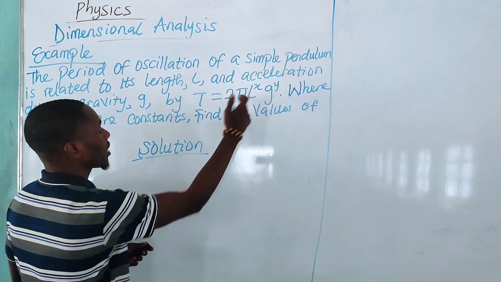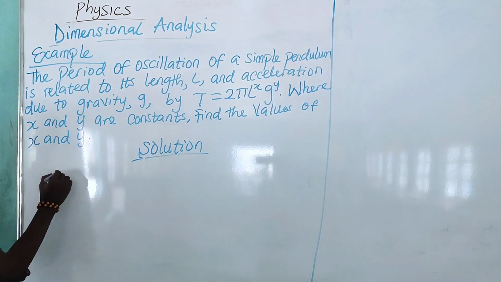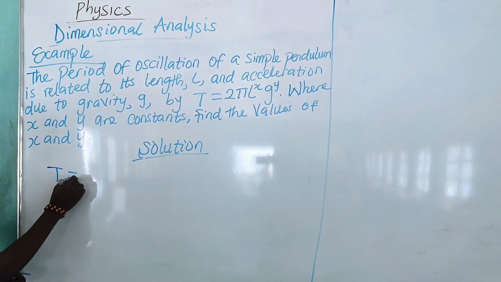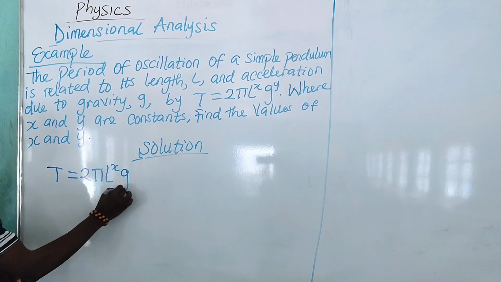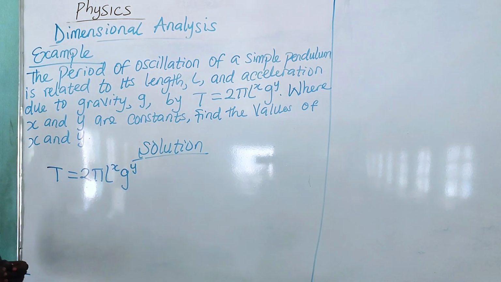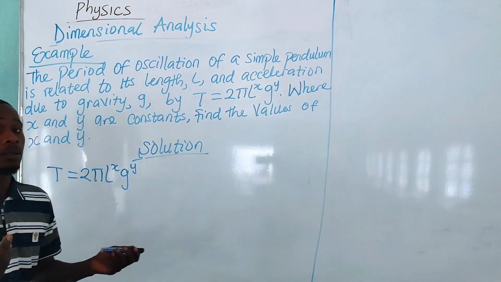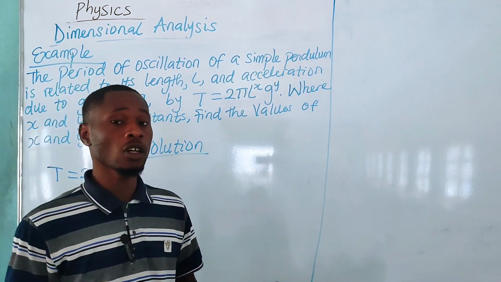So let's write down our equation. Solution: we have T = 2π L^x g^y. The next thing to do is to use dimensional analysis to solve this question.